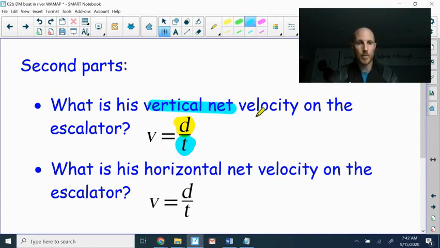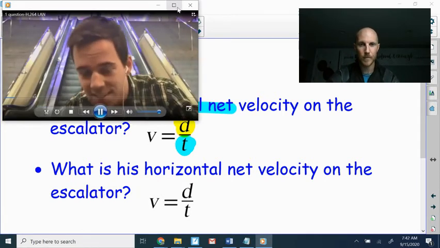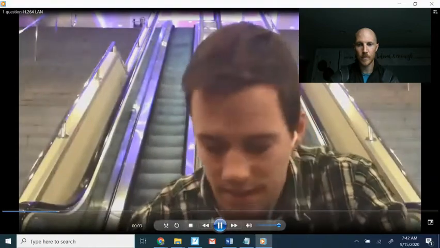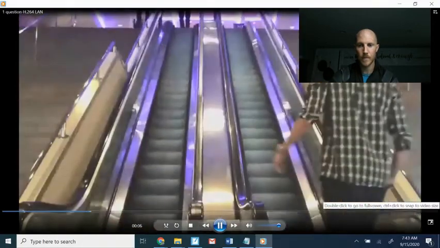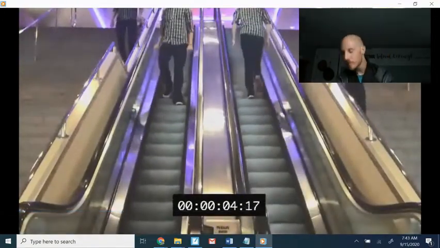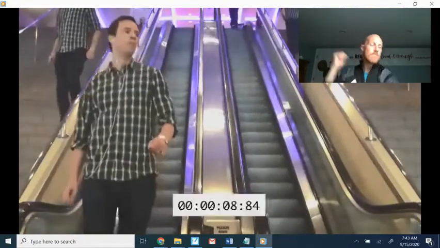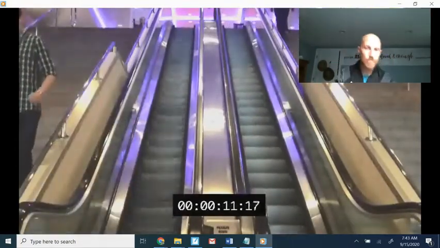So let me pull up this video. Let's watch the video, and this time, instead of looking at him on the stairs, we're going to look at where he hits the top of the going up escalator and the bottom of the down going escalator. Shoot, missed it again.